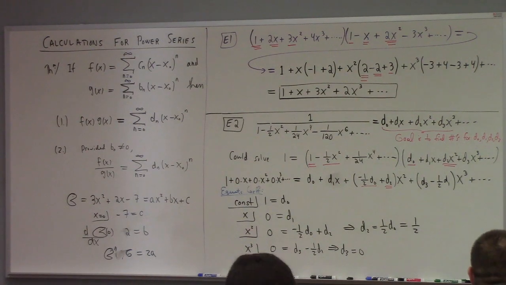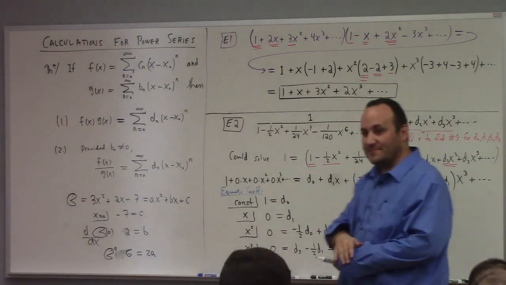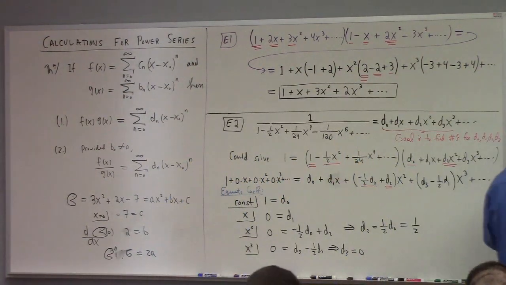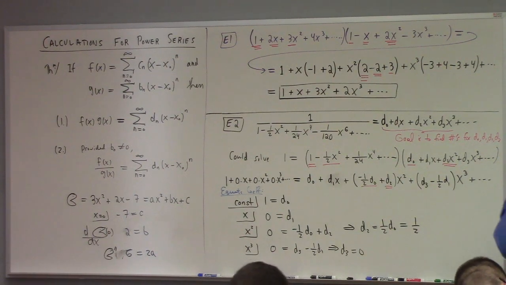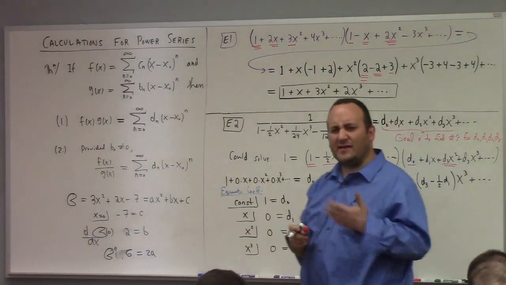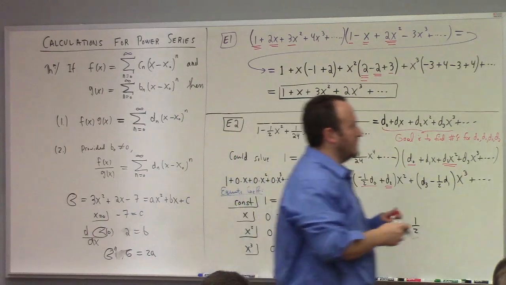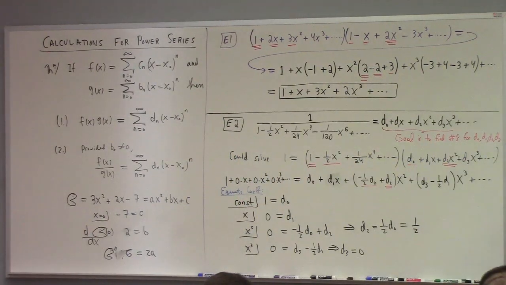That's all we got at the moment. That is up to order 3. Up to and including would be better, up to and including order 3. Just to be clear.